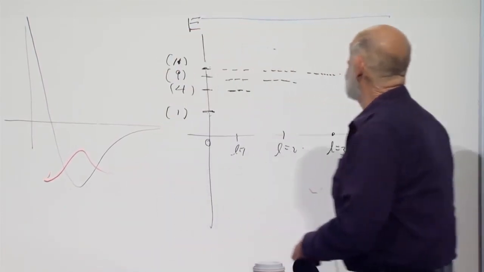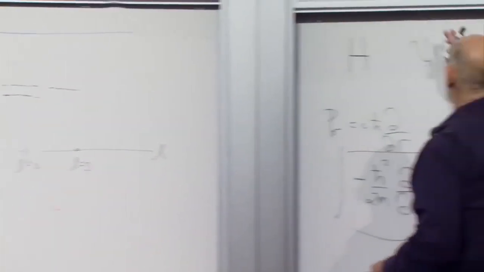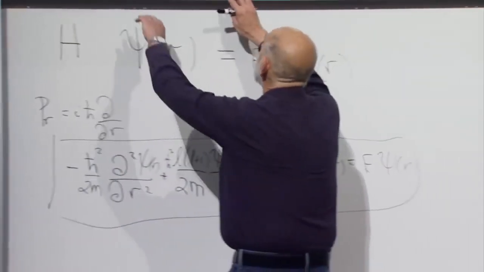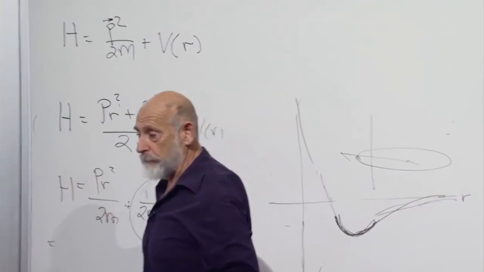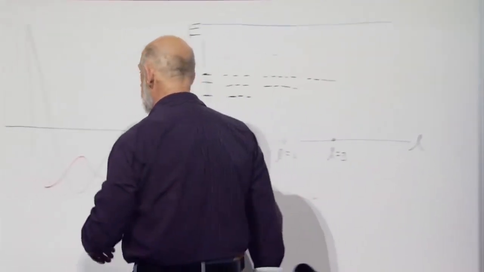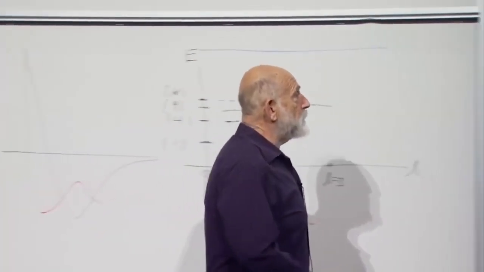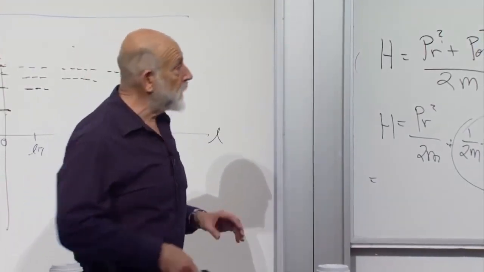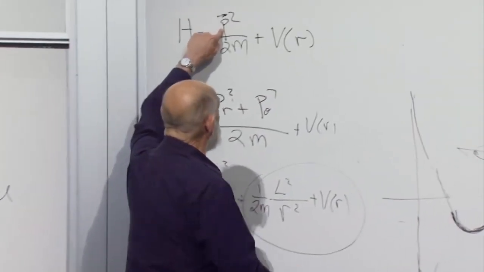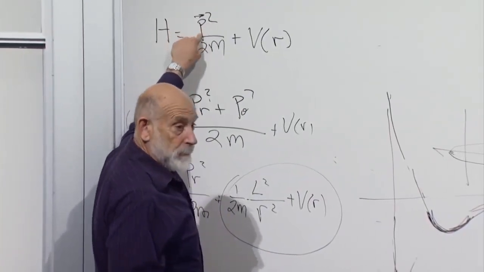All of this is, of course, just trickery for solving the Schrodinger equation. Let me write the Schrodinger equation in its original form before we went to angular variables. It wouldn't be particularly helpful to try to solve it, but we might just write it down. P squared means px squared plus py squared plus pz squared.